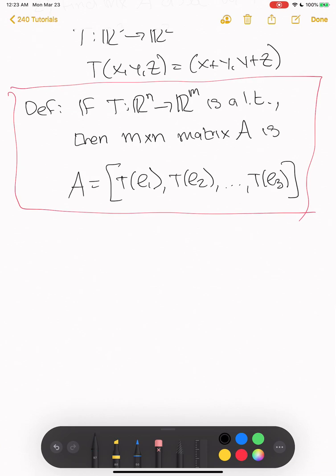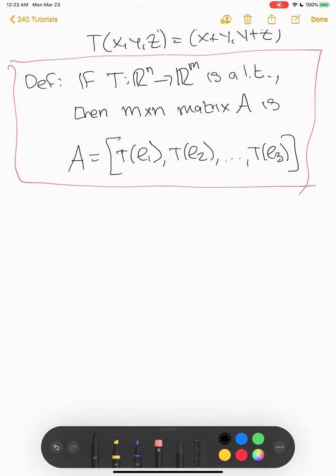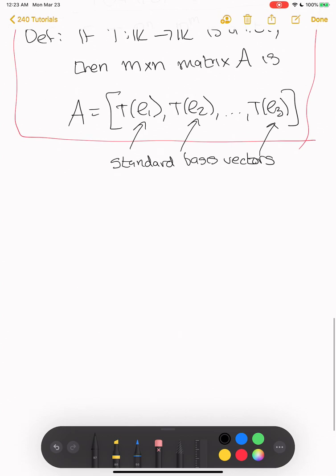Okay, so what does this all mean? We have this weird e stuff going on. We have a complicated matrix that looks like this. But what these e's are, they are the standard basis vectors. And so what that means is e1 is equal to a 1 in the first spot and zeros everywhere else. e2 similarly is a 1 in the second spot and zeros everywhere else.